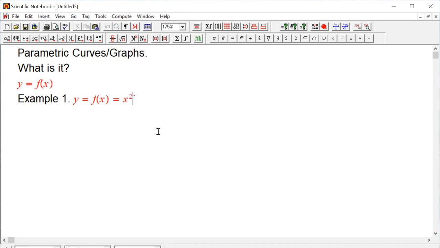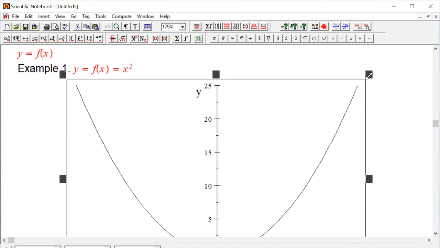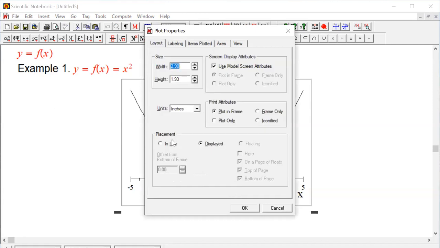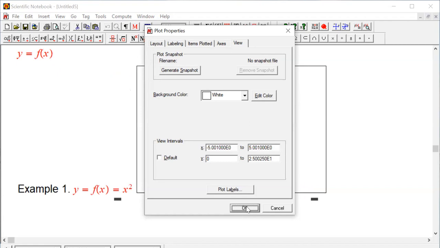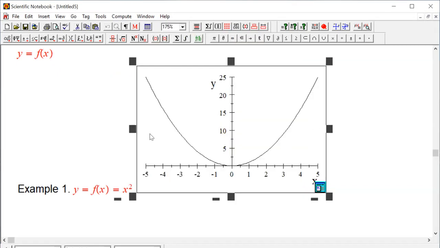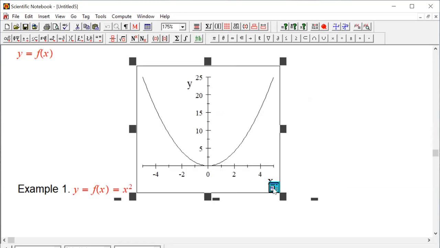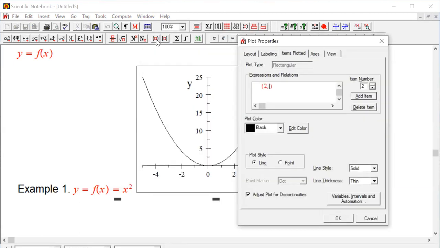Okay, and we can make it more complicated. If you look at the points we can plot, for example, we plot the point when x equals to 2, y equals to 4.